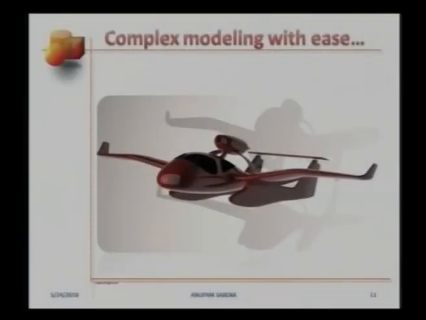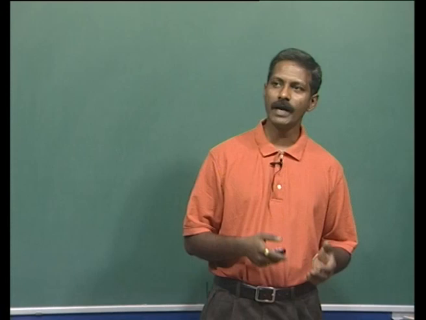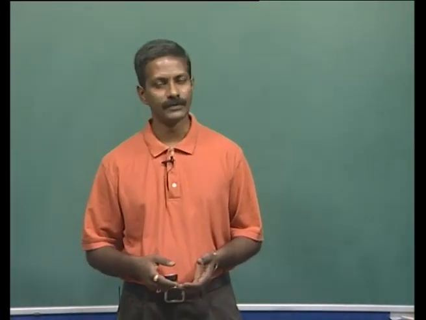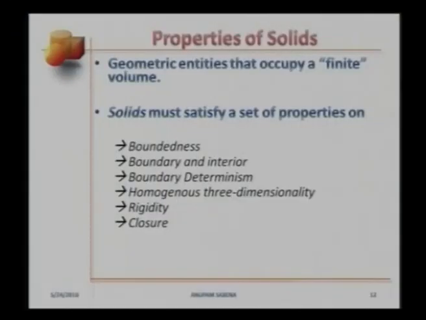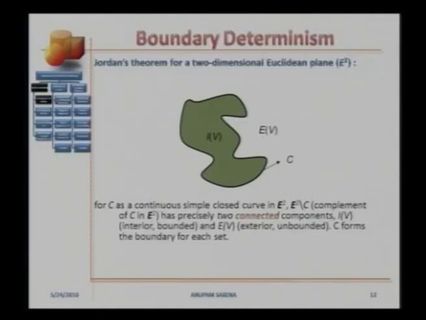And I emphasized that many more complex designs are possible with existing solid modelers. We went on to study different properties of solids: boundedness, boundary and interior, boundary determinism, homogeneous three-dimensionality, rigidity and closure. Of these, boundary determinism was actually a property that set the base for this course.